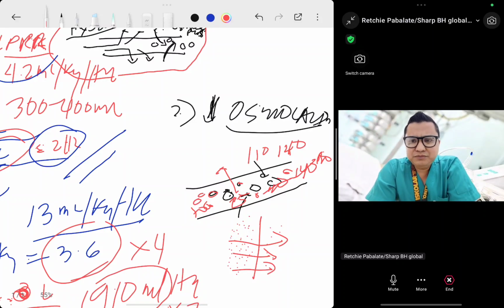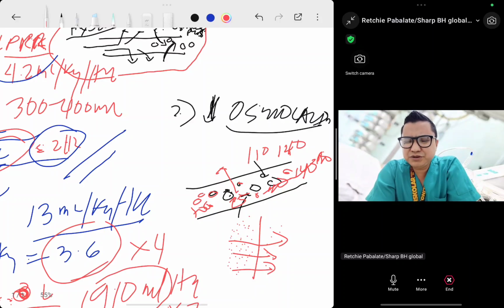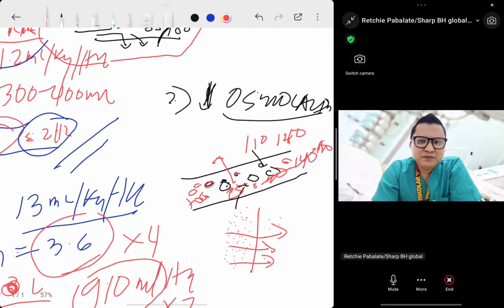So that is the most likely cause of hypotension during the early hours of dialysis, or early hours of treatment. It is because of the change in serum osmolarity. Why? Because of increased clearance of solute.